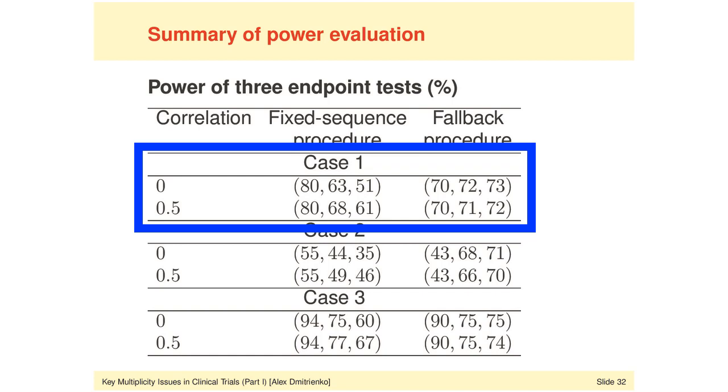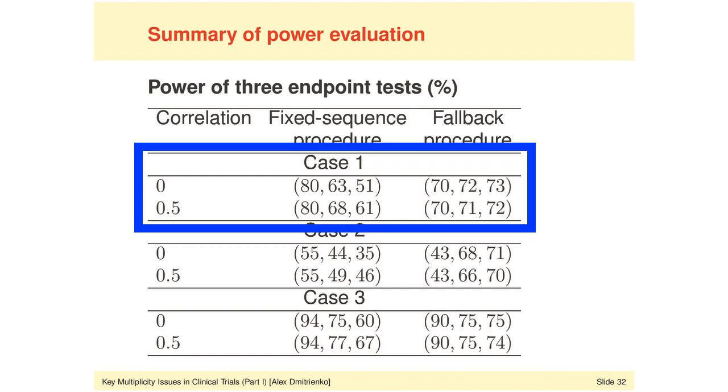They were all powered at 80% before a multiplicity adjustment. So now when we apply the fixed sequence procedure, power of the first test is not going to be affected. It will always be 80%, but of course power of the other 2 endpoints is going to drop, and it drops to about 60% or even 50%.